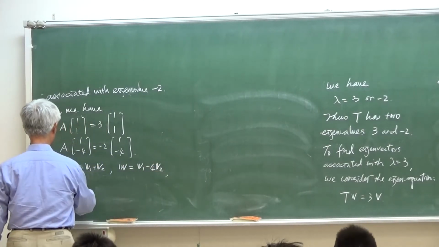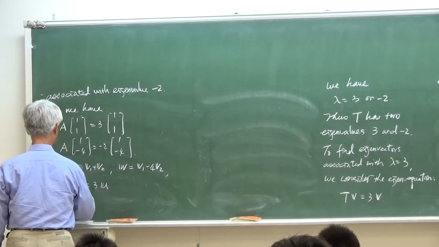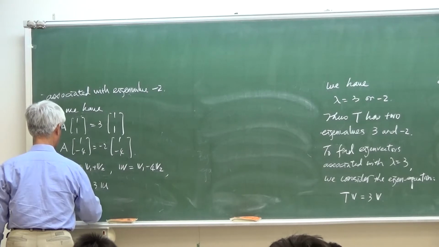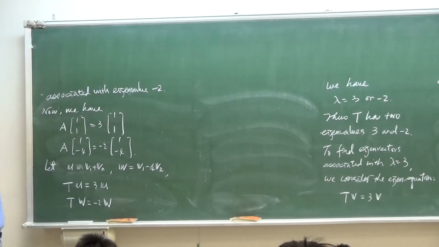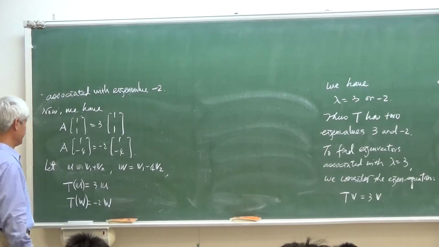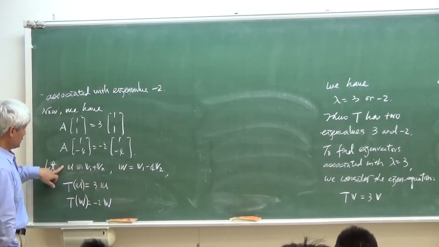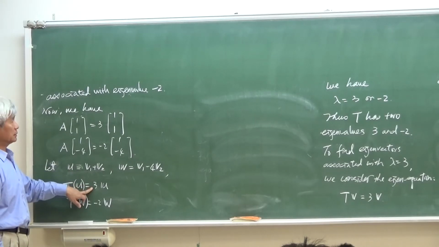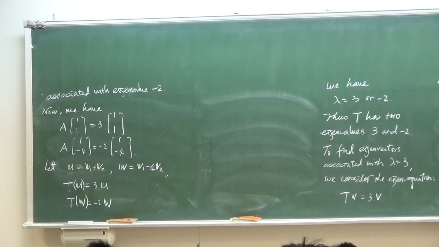So we have T(U) equal to 3U and T(W) equal to minus 2W, by using the linear transformation. Remember, v1, v2 form a basis.